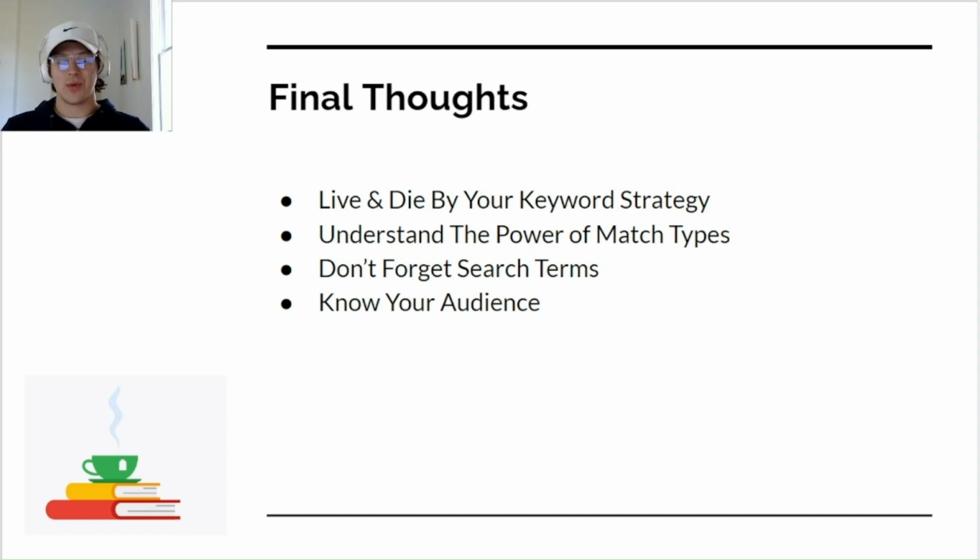It's right under the keywords tab, but it's vital to being successful in Google Ads. And lastly, know your audience, right? Build an experience that is catered to them. Understand what they're searching for, what they want from your product or your service, and make sure you're aligning your keywords, your ads, your landing pages, and the overall customer experience.